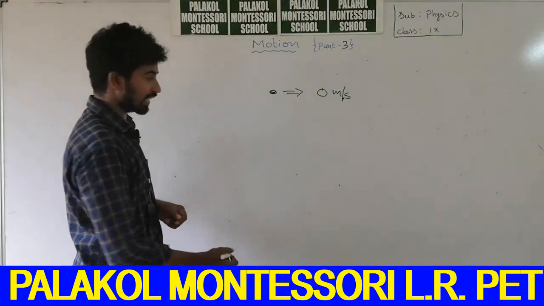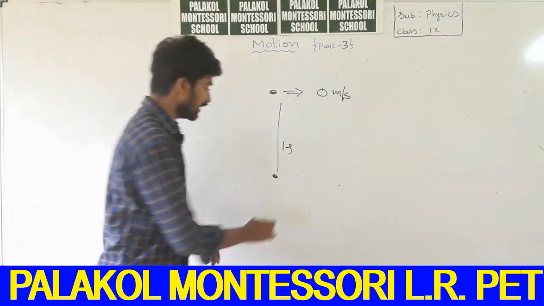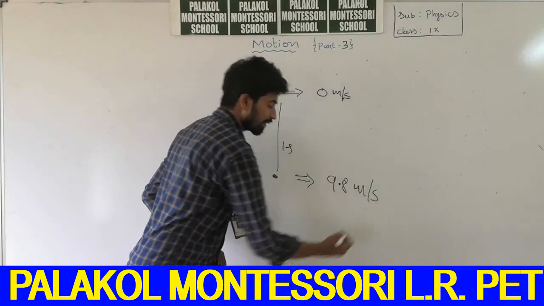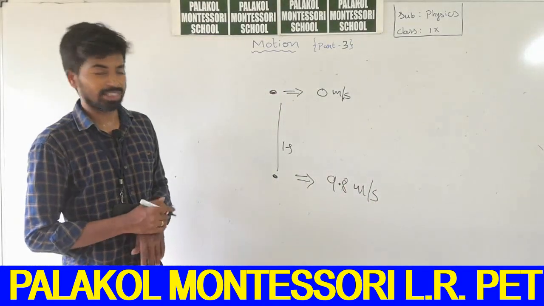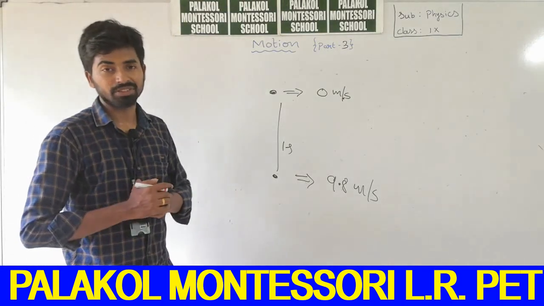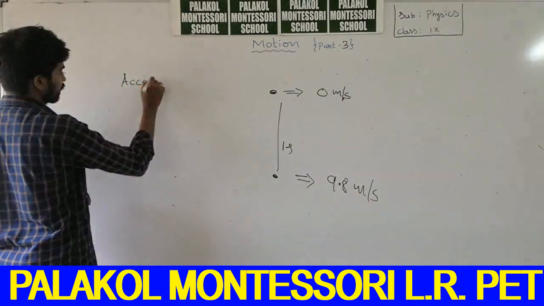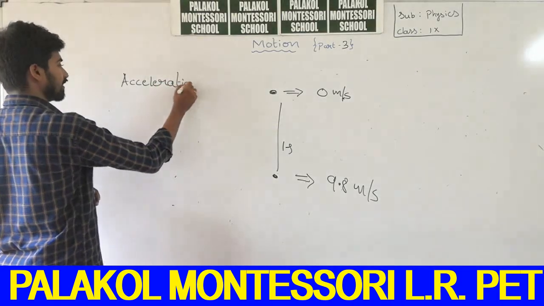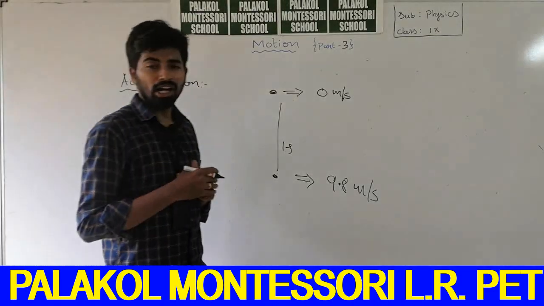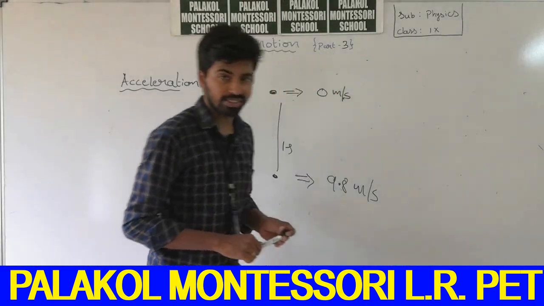After 1 second, what is the speed? After 1 second, it attains a speed of 9.8 meters per second. So, how was this 9.8 meters per second achieved? To know that, we need to know about acceleration.